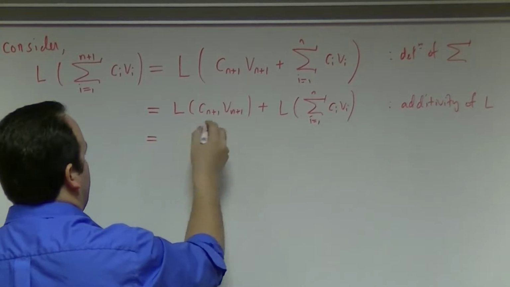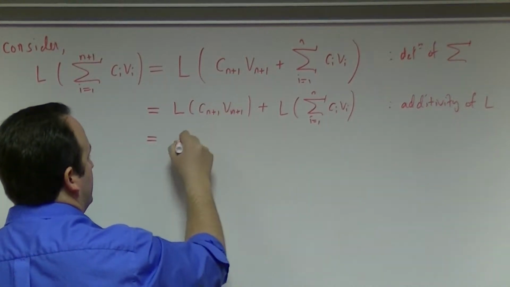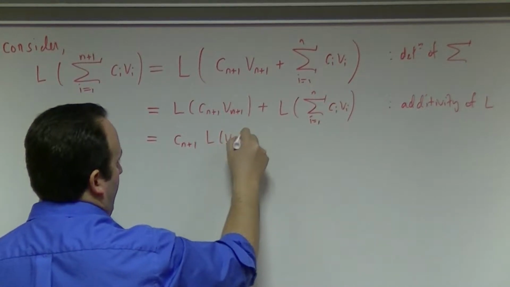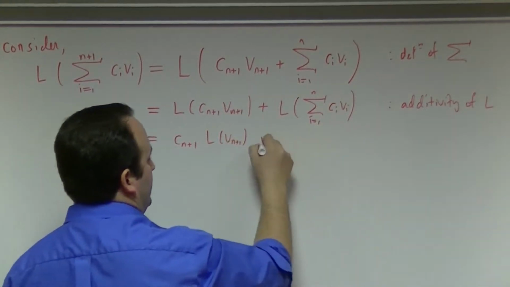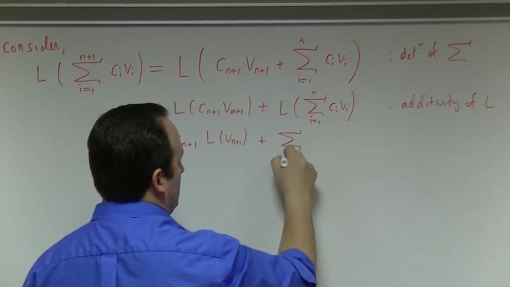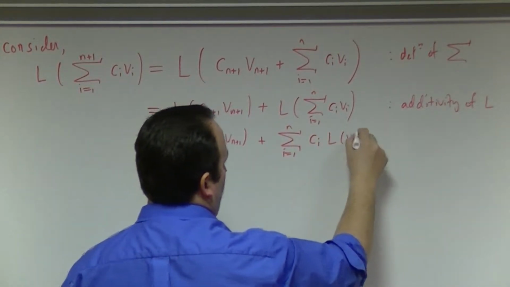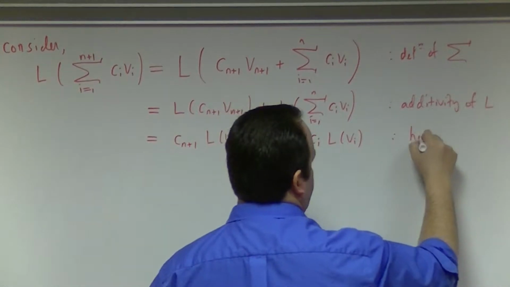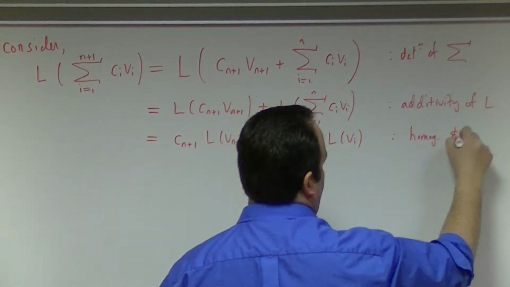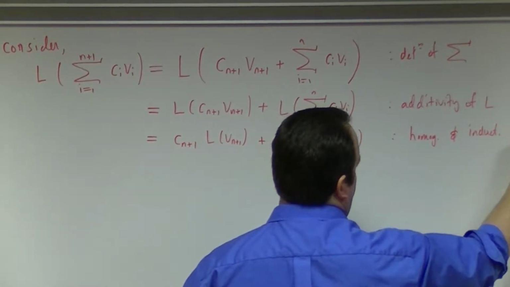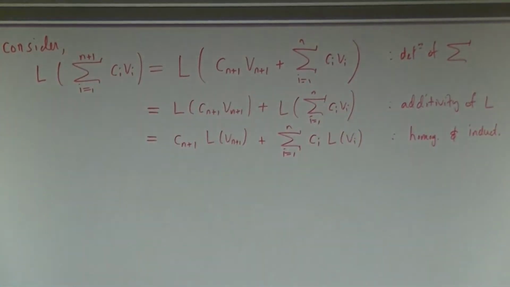Homogeneity right here, pull that constant out. And then the induction hypothesis to bring the sum out here. And then what?